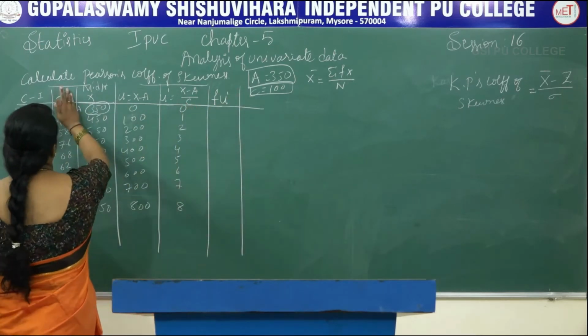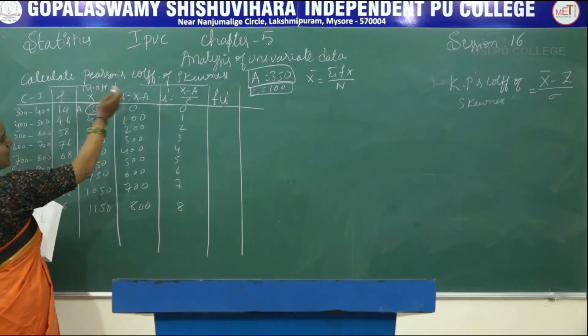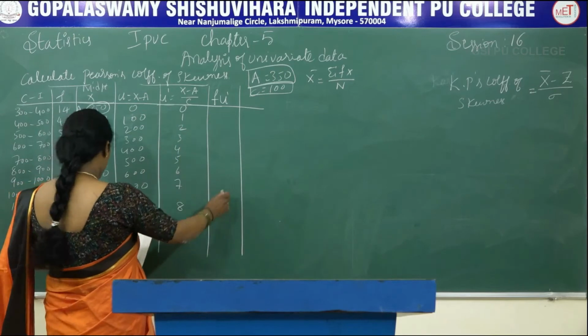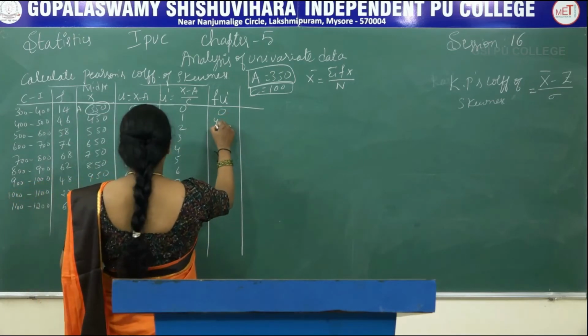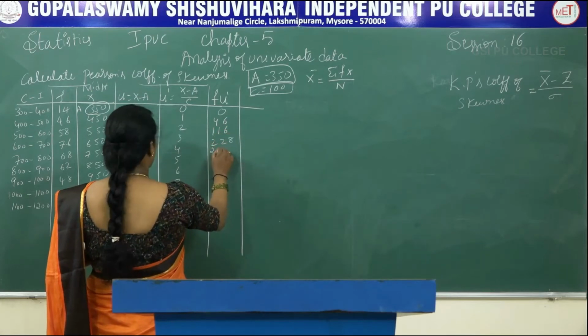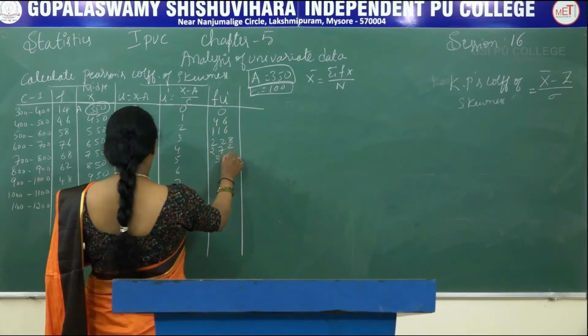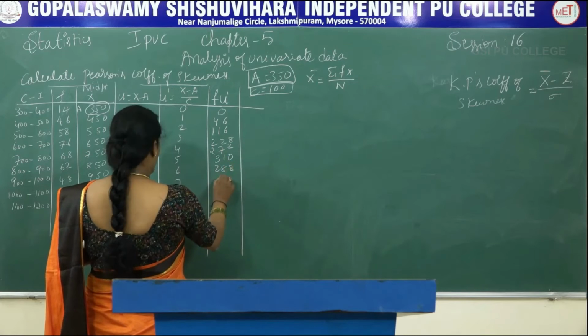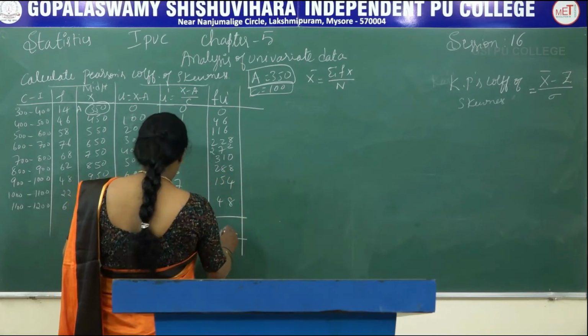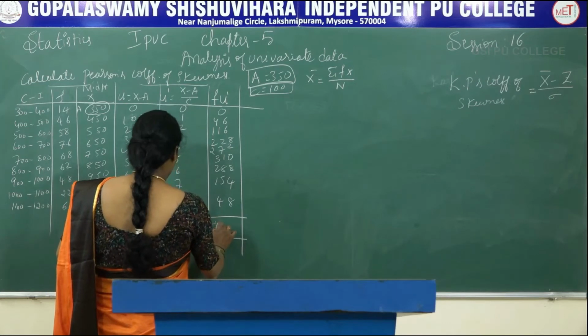The frequency column should be multiplied by the u dash column. Multiplying these two columns, you get fu dash: 0, 46, 116, 228, 272, 310, 288, 154, 48, and the total, summation of fu dash, is equal to 1462.